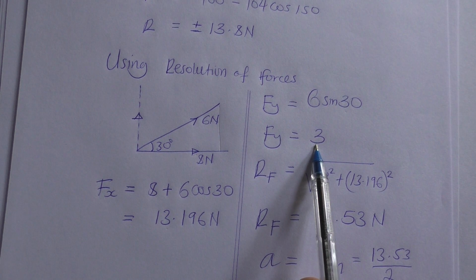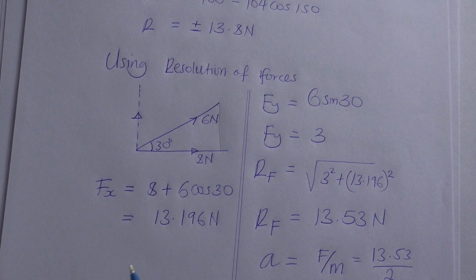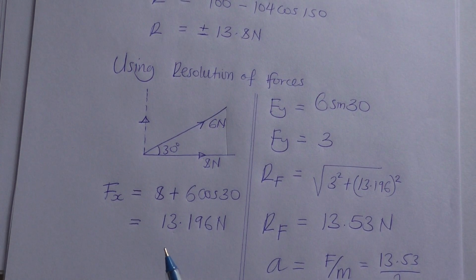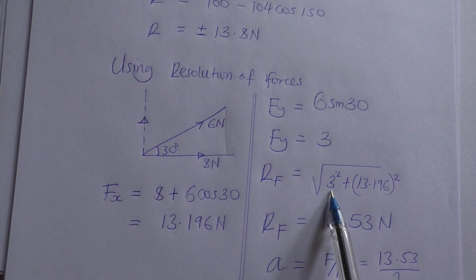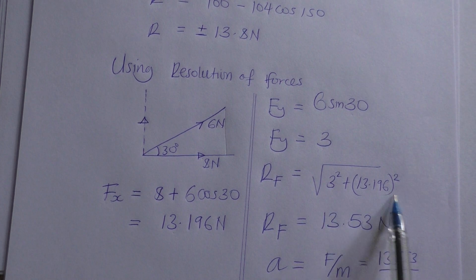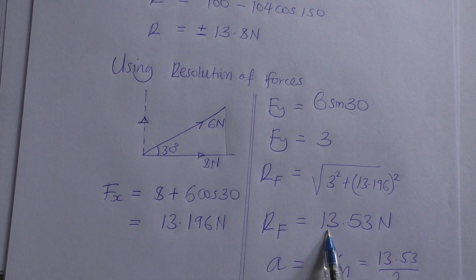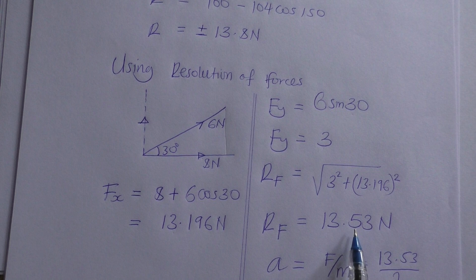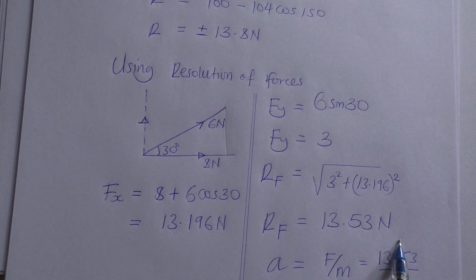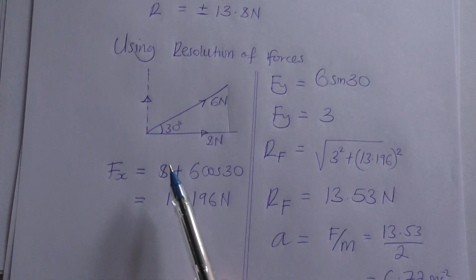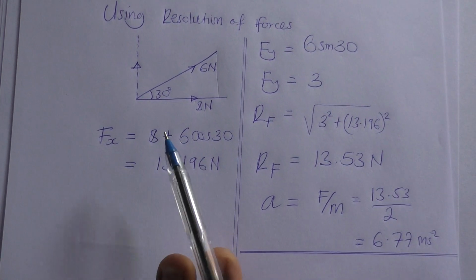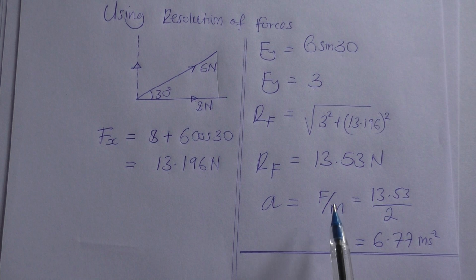So after getting the horizontal and the vertical components, we now get the resultant by getting the square root of 3 squared plus 13.196 squared, hence giving us the resultant force as 13.53 newtons.